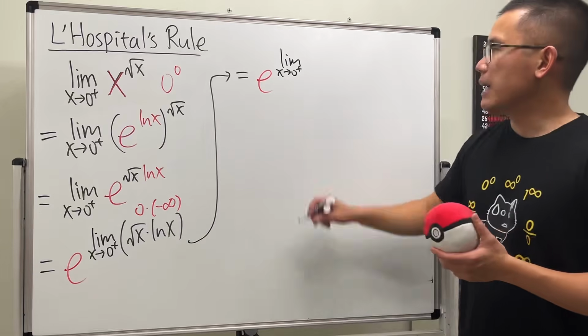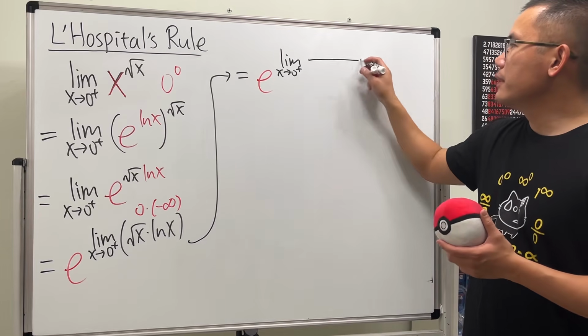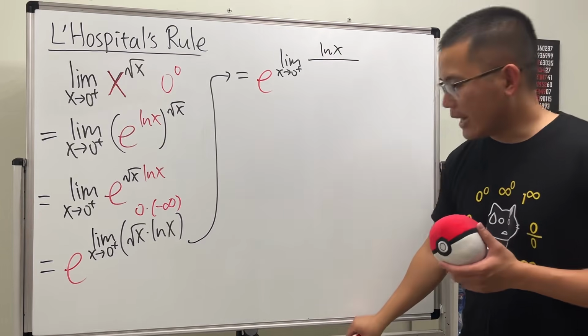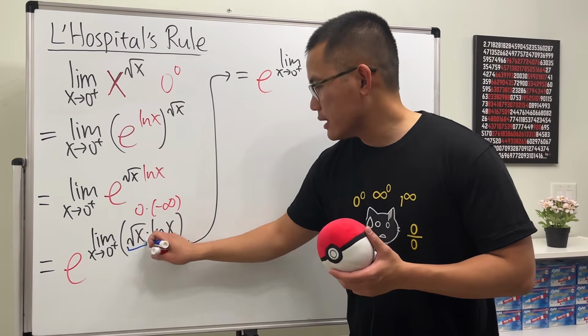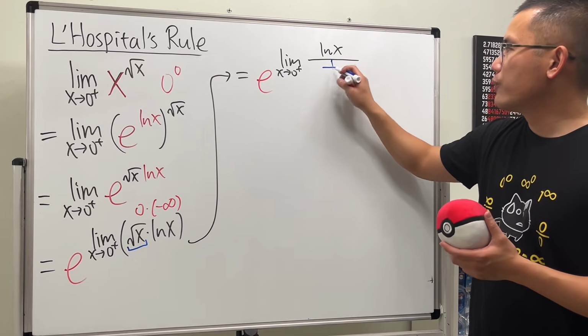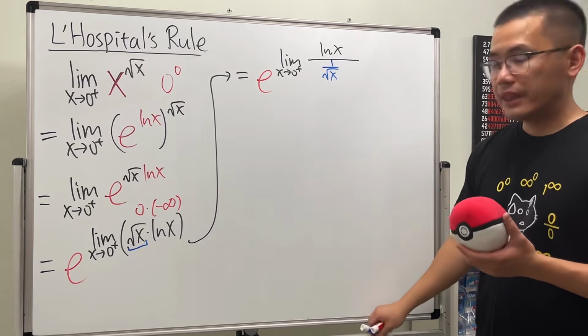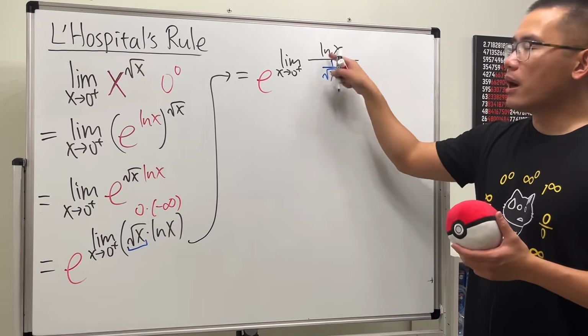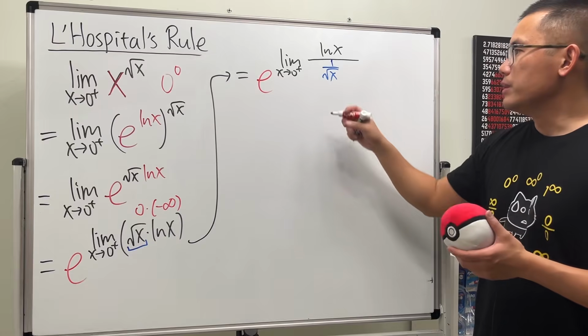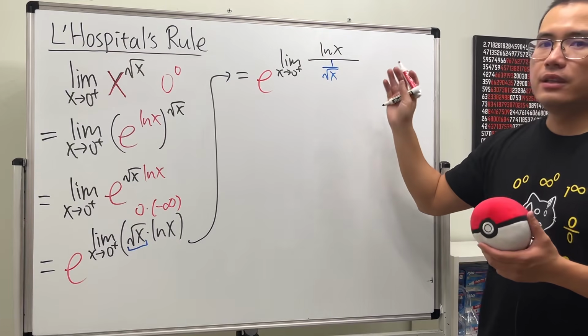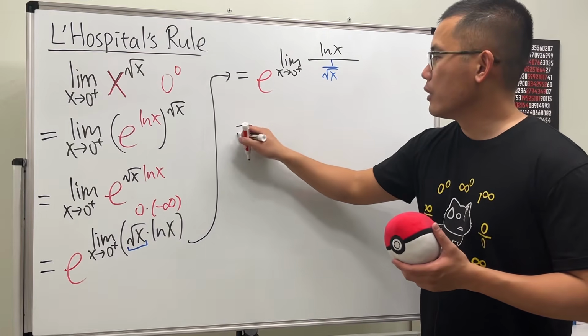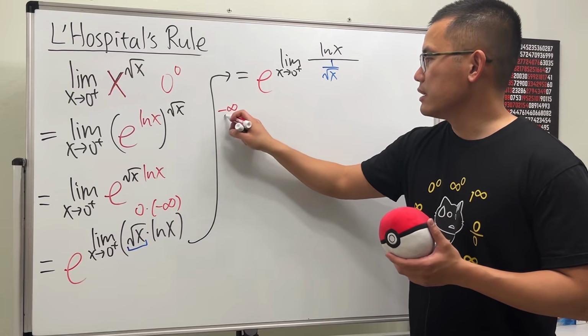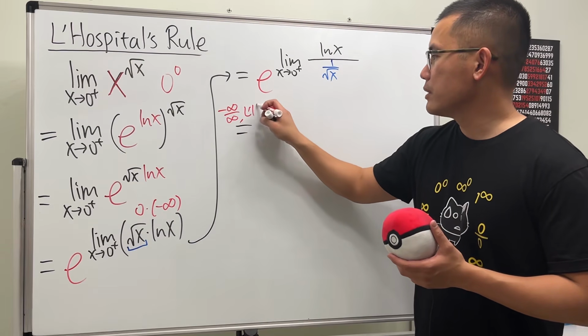Keep the ln on the top, like right here, and then rewrite the square root of x down, so we get a 1 over square root of x. And then we see that this part is a part that we can use L'Hopital's rule, because we will end up with -infinity over infinity.